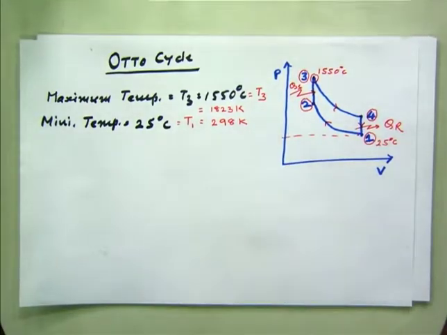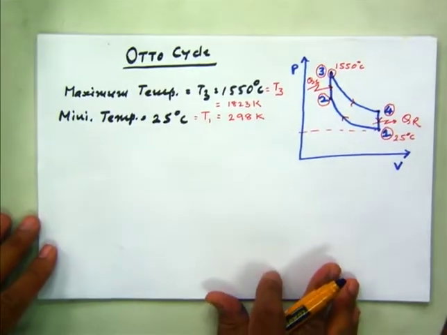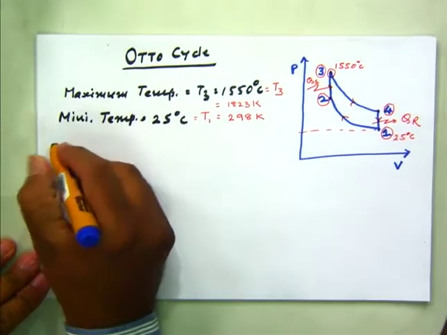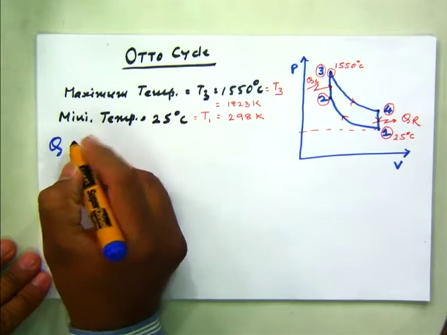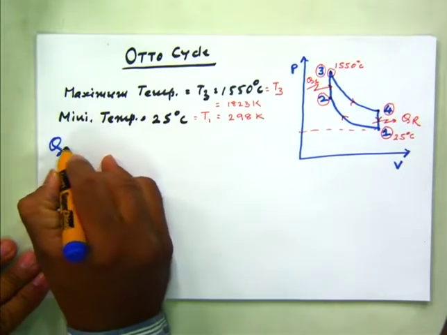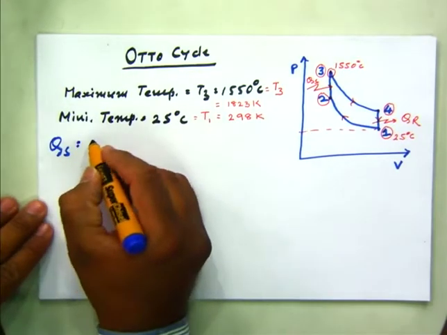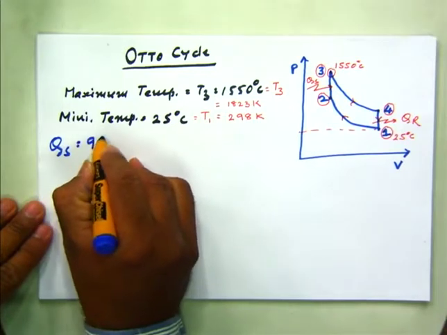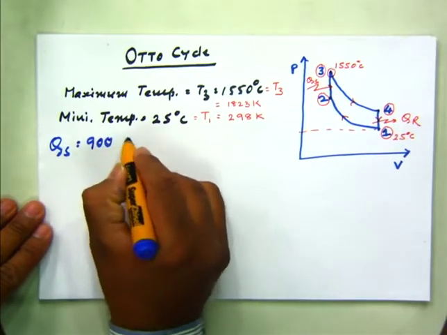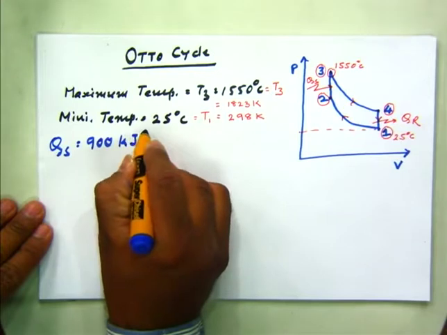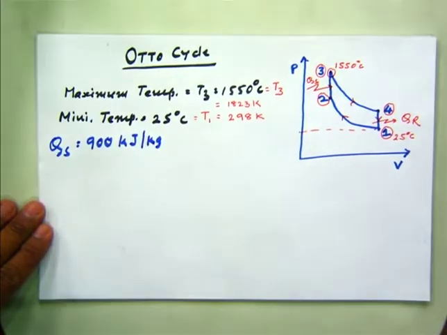What additional is given? Heat supplied, QS, is equal to 900 kilojoule per kg.